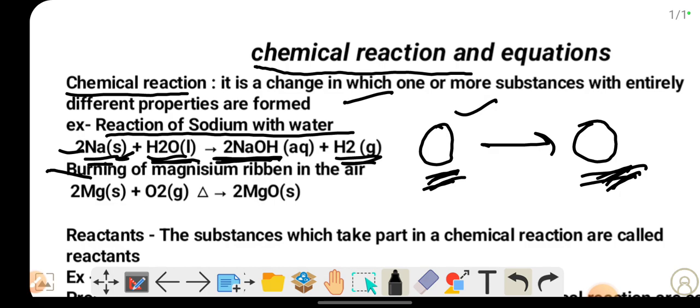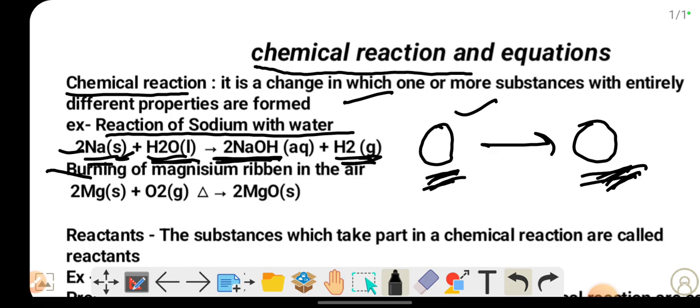Sodium hydroxide is another compound, a base, whereas sodium is a metal and water has neutral property. And hydrogen is a gas. So the substances on the other side of the arrow, like sodium hydroxide and H2, have different properties from sodium and water. So this is a chemical reaction.